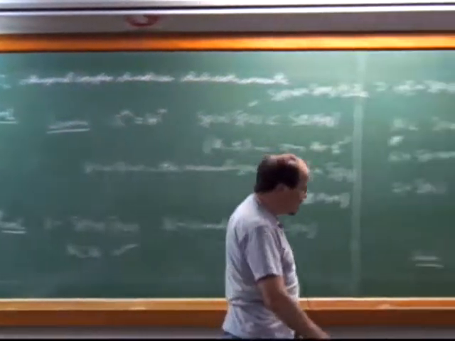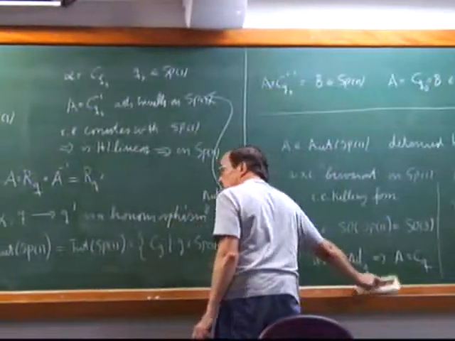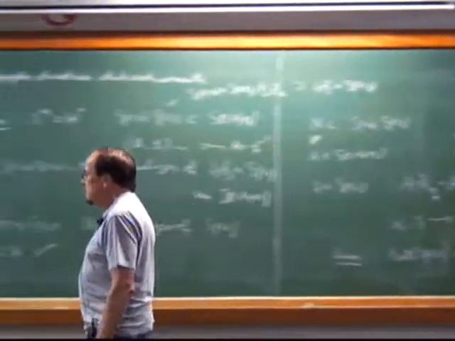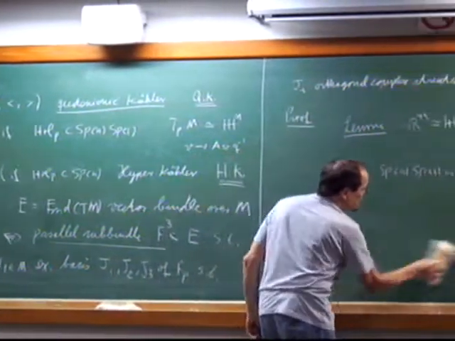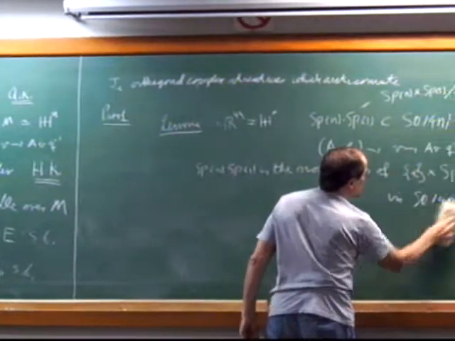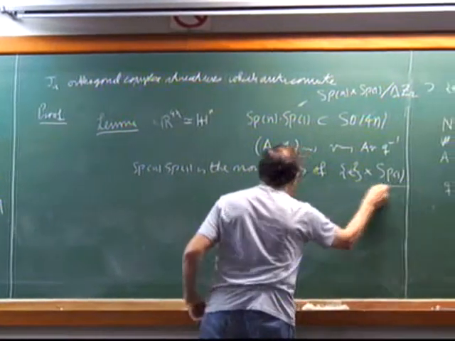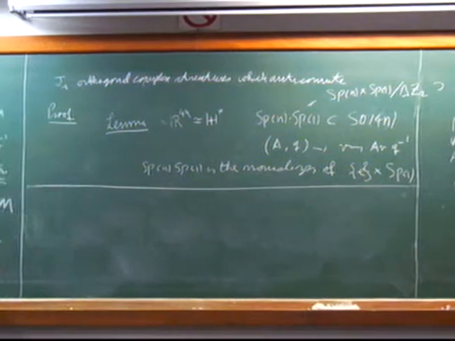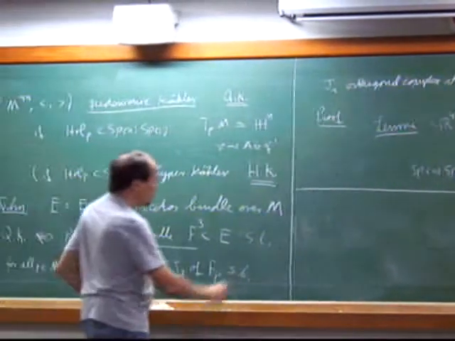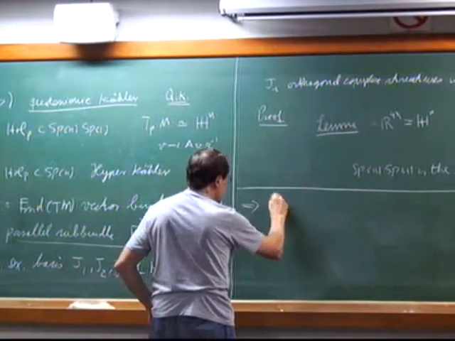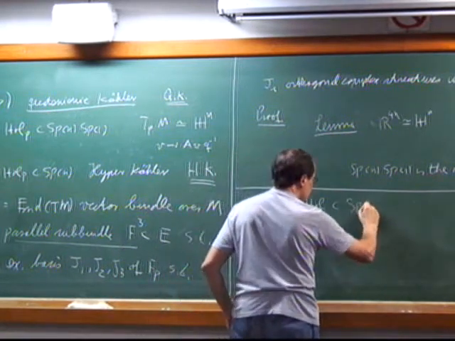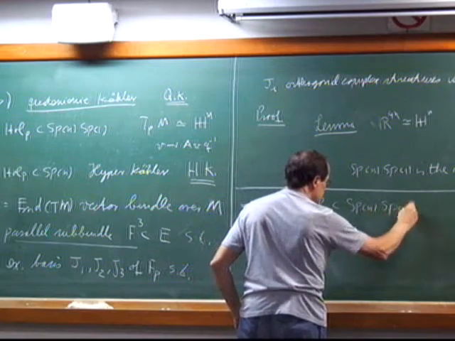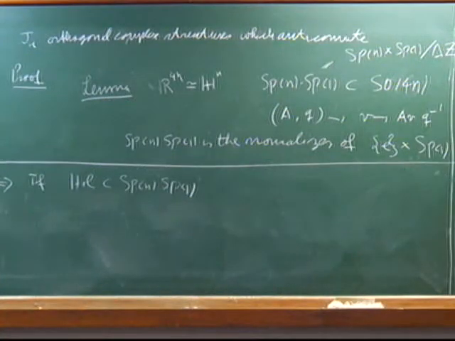So now we want to use that to prove this equivalence of being quaternion Kähler. There are two directions. First, let's prove this direction. If the holonomy is contained in SpnSp1, I have to construct this kind of subbundle with this kind of basis.